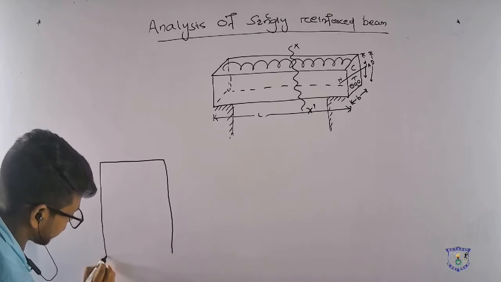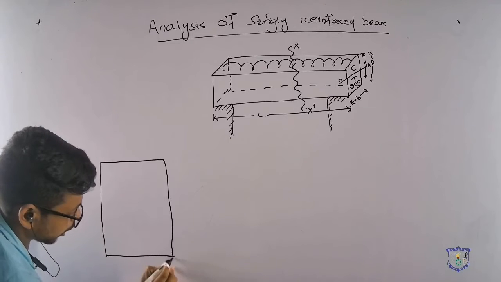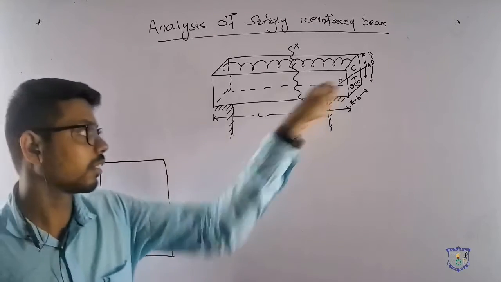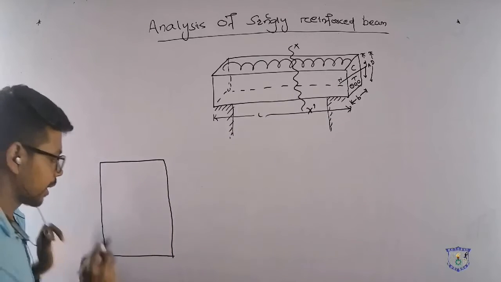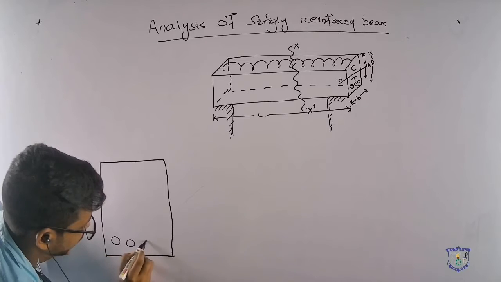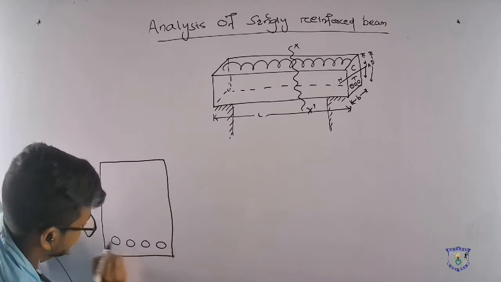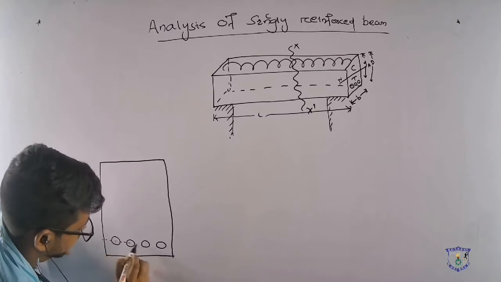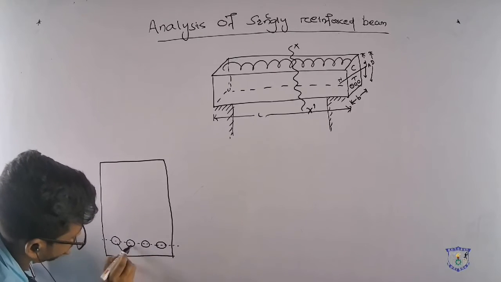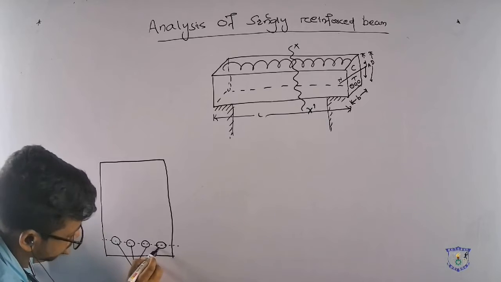Try to understand here. This is the section I have to draw. In this section, the tensile reinforcement bars are provided. We can also name it area of steel.